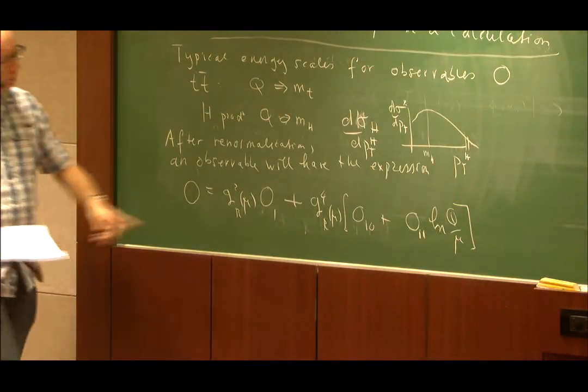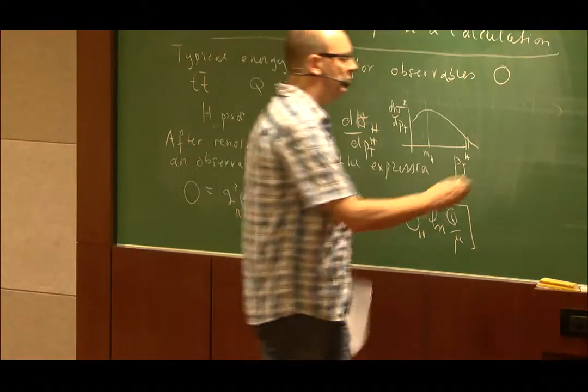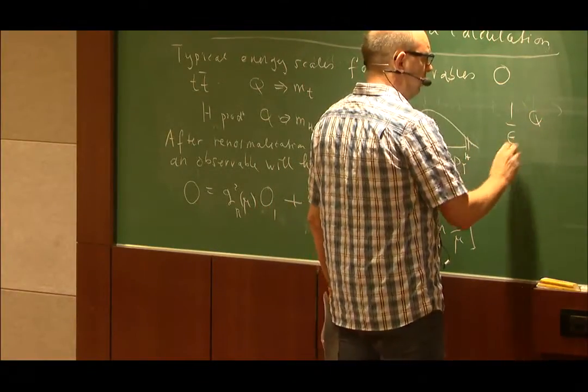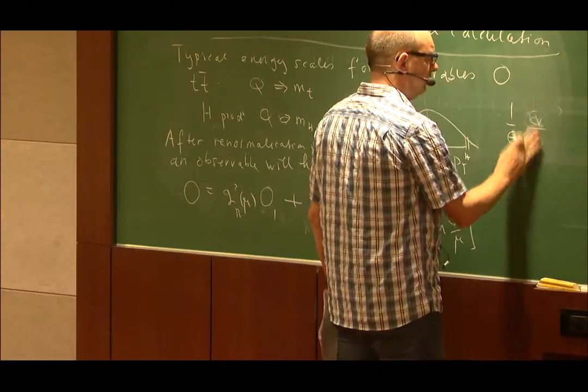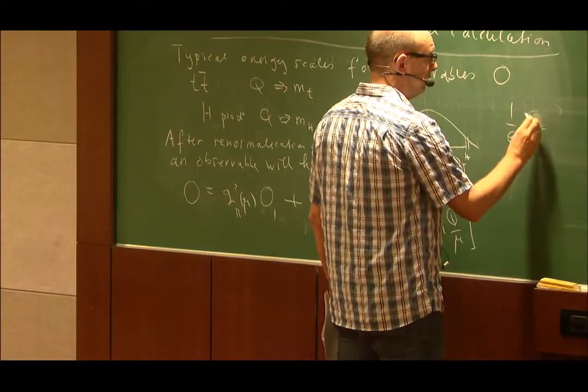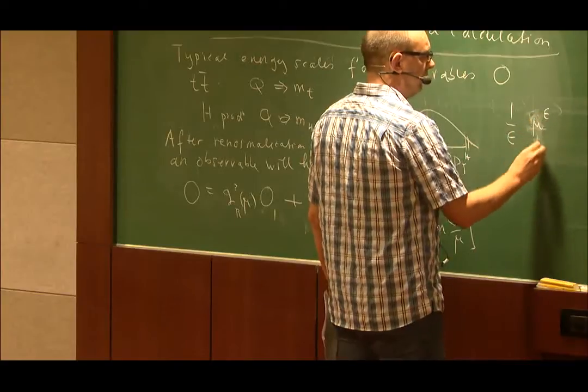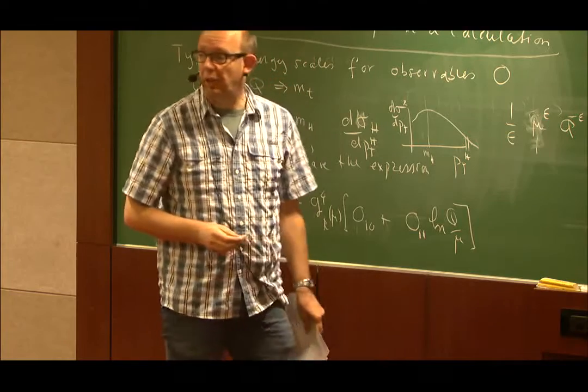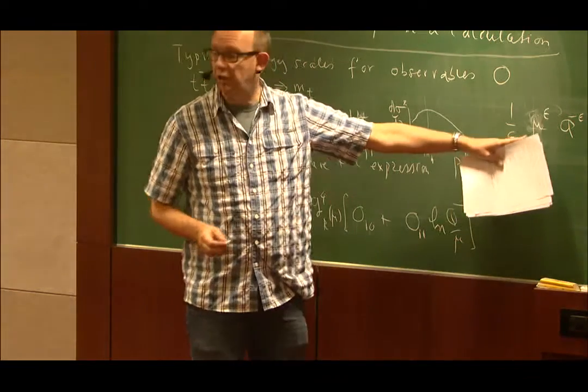Such an explicit logarithm comes, for example, if you remember, from your 1 over epsilons. Say you have some mu to the epsilon, and maybe you have a q to the minus epsilon as well. All of that can come in dimensional regularization. And we certainly saw the mu to the epsilon before.